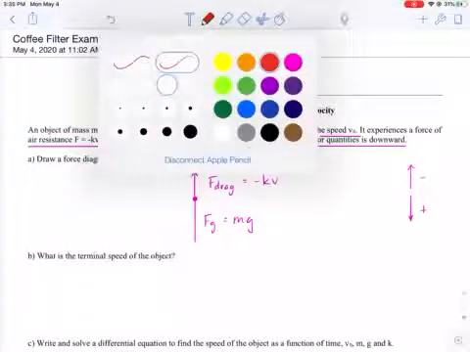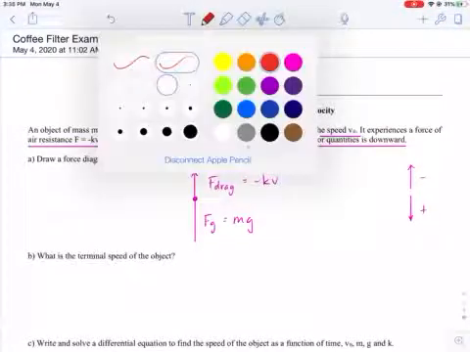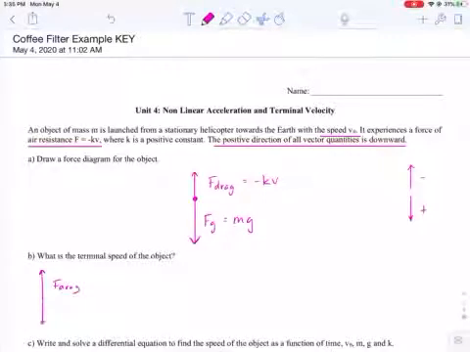Okay, let's keep going. Let's find the terminal speed of the object. To find the terminal speed, I'm going to assume that it happens when the drag force is equal and opposite to the gravitational force.